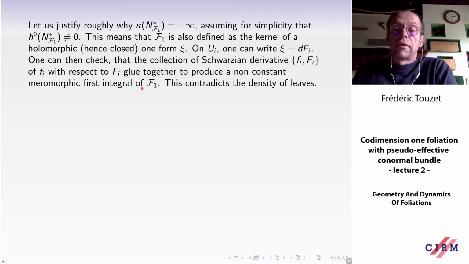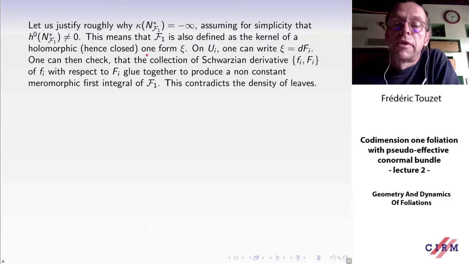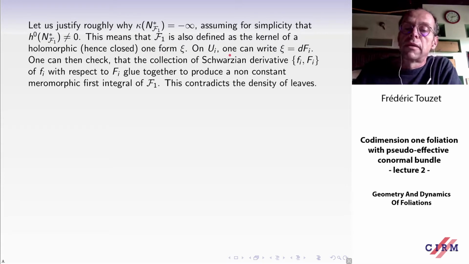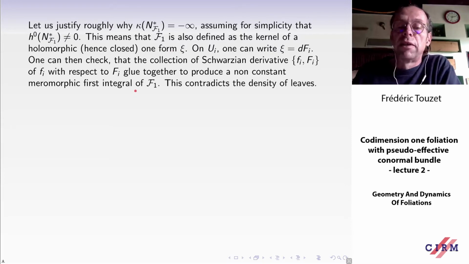Of course, this is not possible because we have remarked previously that F1 was a minimal foliation, its leaves are dense. One could avoid this use of the Schwarzian derivative because the manifold here is very explicit, but the advantage is that the argument works in the more general setting, as we will see later.